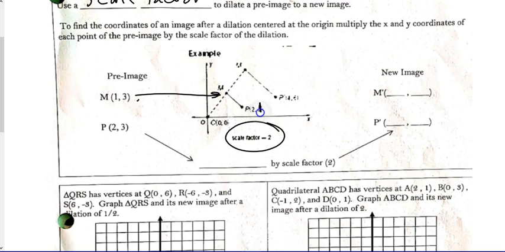So let's change this to a 1, and let's change this to a 1. Or you can just write a new point, 2, 1, because that just is not drawn to scale. No pun intended.